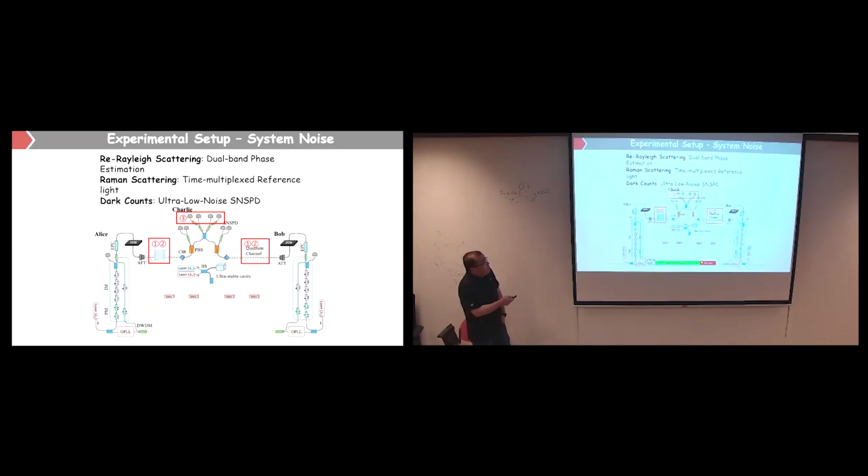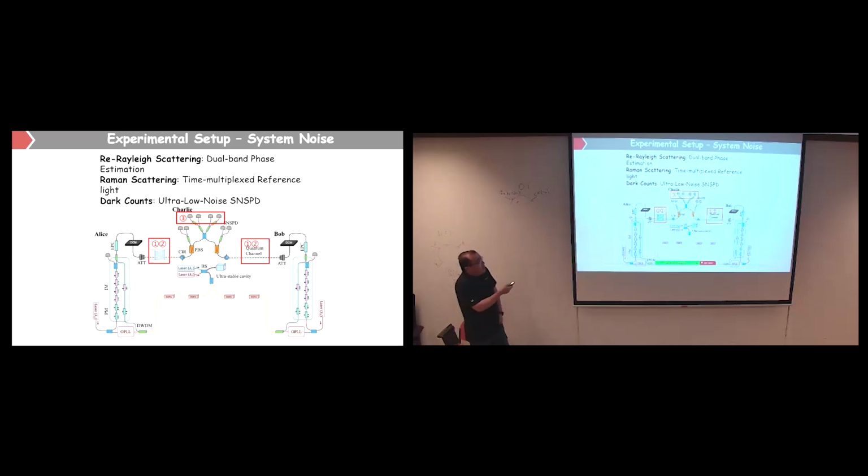Later on, we decided to try to see how far the twin-field QKD system can go. That's what we did in the Jinan lab. We used several methods to reduce the noise from the classical signal, which may introduce some noise photons. For Raman scattering, we use dual-band phase estimation and time-multiplexed reference light.